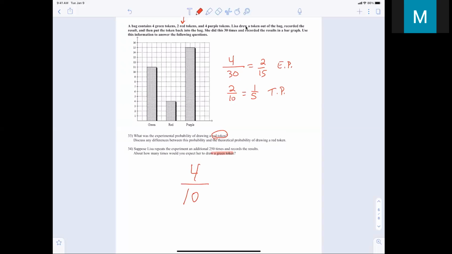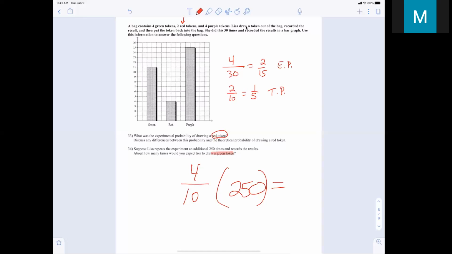Well, 4 out of 10 times what? You're correct, but tell me what number should I put here before I reduce? Right. 4 tenths, the theoretical probability times the number of outcomes will tell you how many you should get.